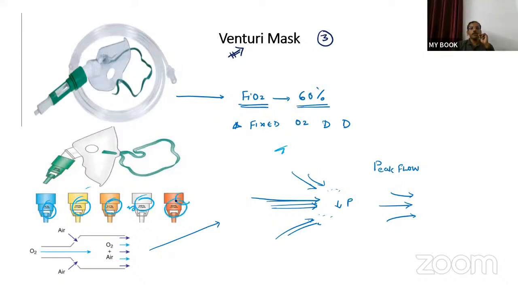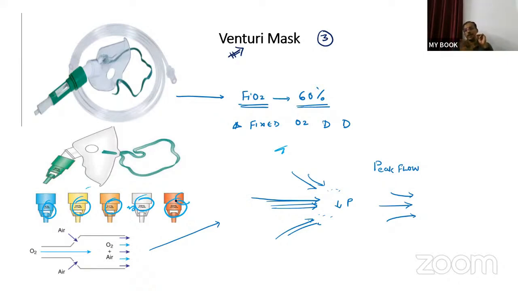That means if I want the patient to get 60% FiO2, I'll keep that colored mask. 40%, 44%, depending upon what FiO2 I want, I keep that colored mask there. So that will be the aperture size, which will allow the air flow to entrain that much FiO2. That is why we have different colors.